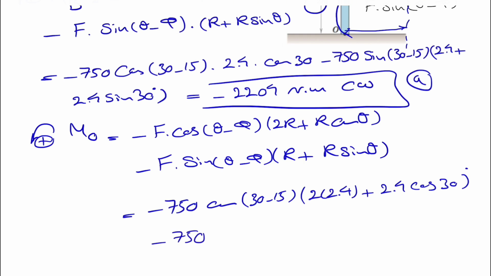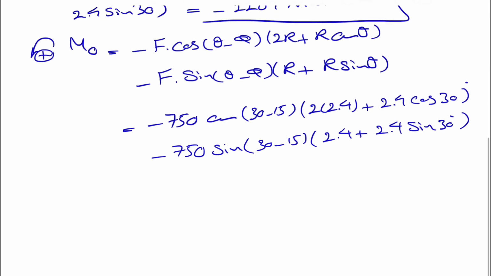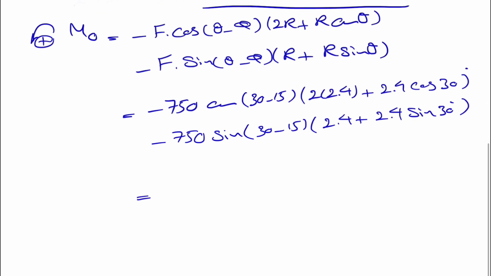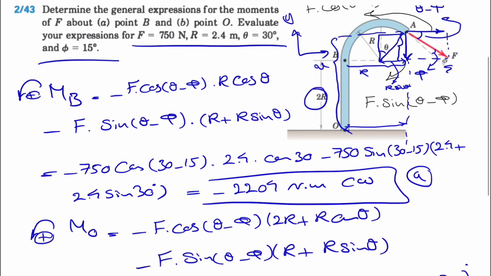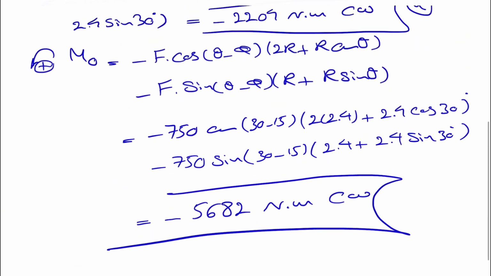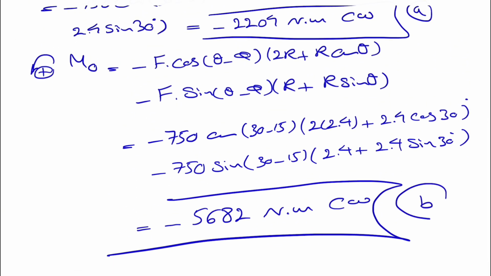And the second line we have 750 sine of 30 minus 15, and this would be pretty similar to what we had for previous part. So sine of 30 degrees, and if we calculate this part, we're gonna get minus 5682 Newton meter. Again, the negative sign shows the clockwise moment, and that would be the final answer for the B part of the question, where we needed to find the moment about point O.